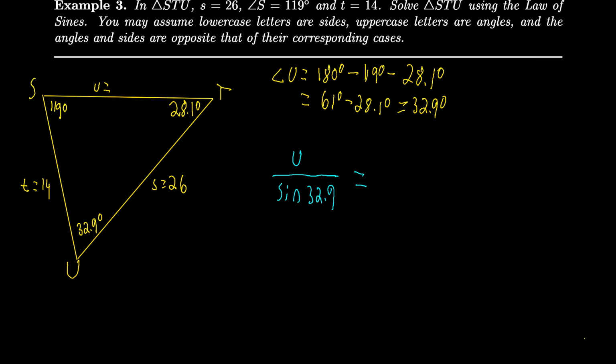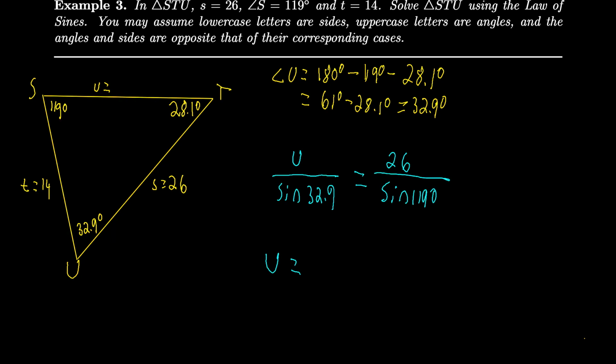However, you were given little s and big S in the problem, and you didn't have to approximate them, so that's probably the better choice. So little s was 26, and remember the side goes on top, so it goes over top here, and on the bottom is the sine of 119 degrees.